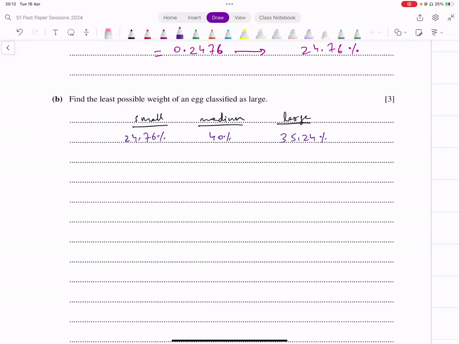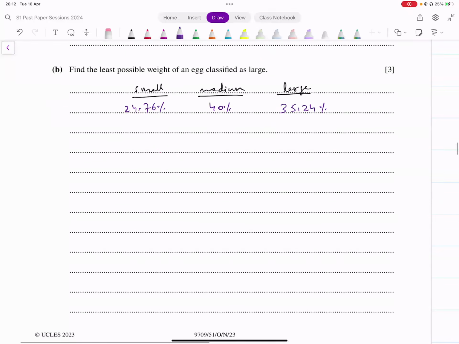Okay. Now, it says find the least possible weight of an egg for it to be classified as large.